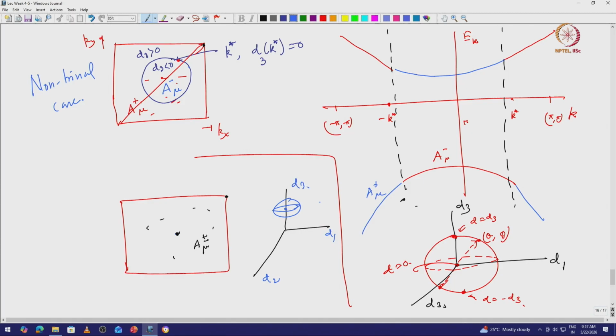If the D3 has the fixed sign but negative, it will be somewhere here, and at the point the Dirac cone happens, it will touch here.